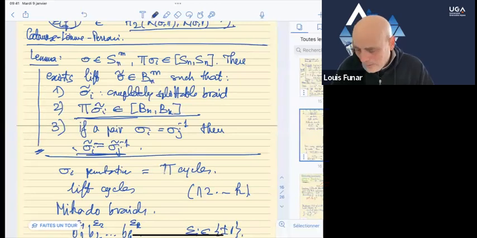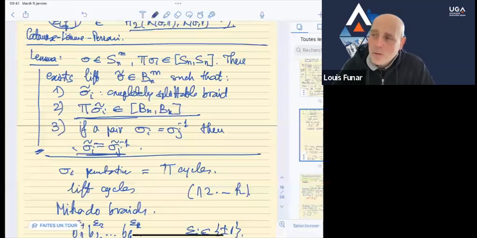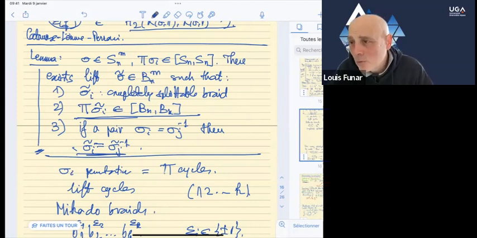And the only thing I know is that the lifting problem in general is complicated, also when you try to lift to the braid group. But if you are able to lift to the free group, then of course you can lift to any braid group, to any group in fact.